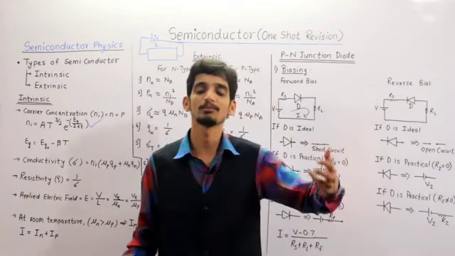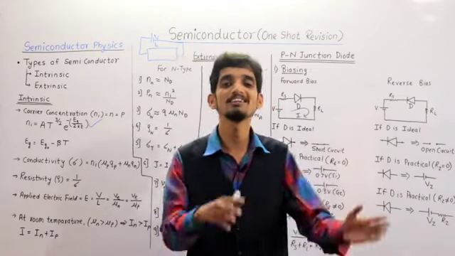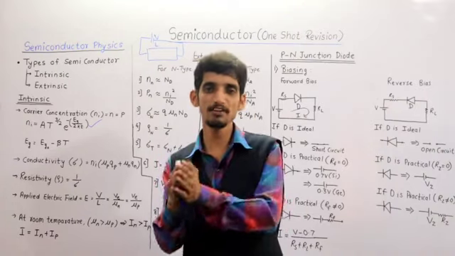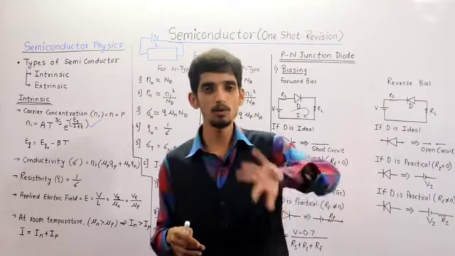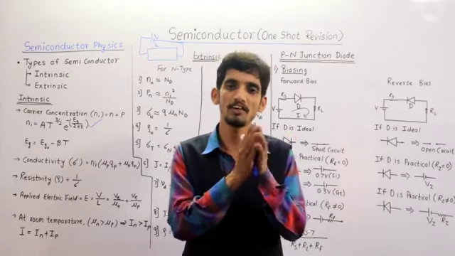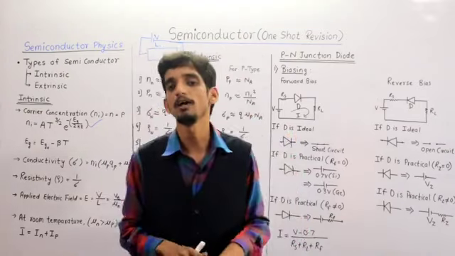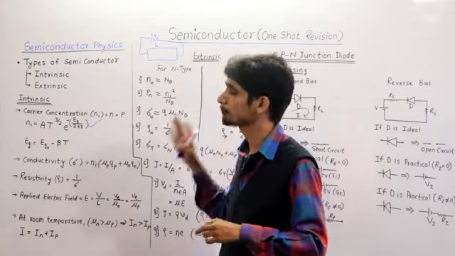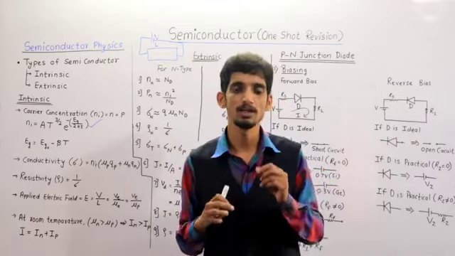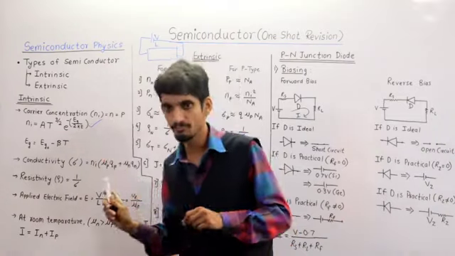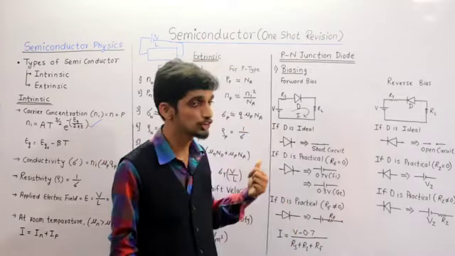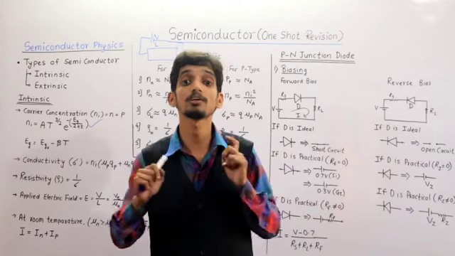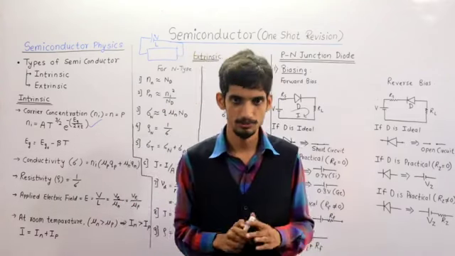So replacing your diode whenever it is in reverse bias: open circuit for ideal, replacing with a battery of voltage VZ for ideal without RZ, and replacing with a battery and RZ if RZ is given in the problem. So you have to understand all these important parts which I have explained to you. Okay, first one is semiconductor physics, second one is PN junction diode in forward and reverse bias, because these are very, very important for your competitive exams.